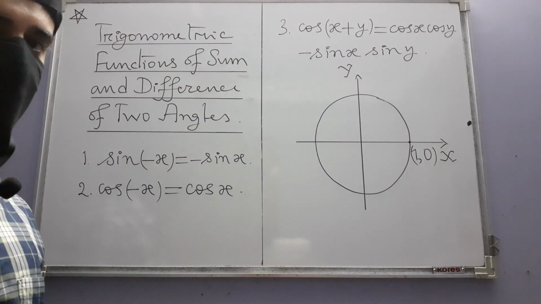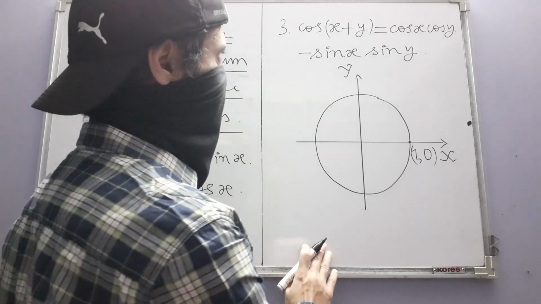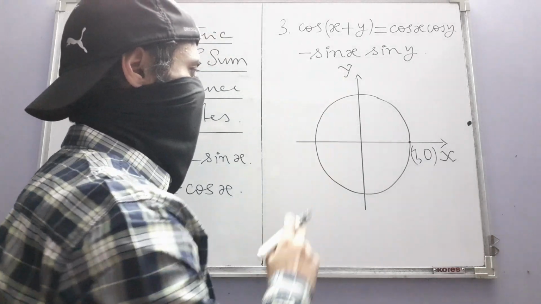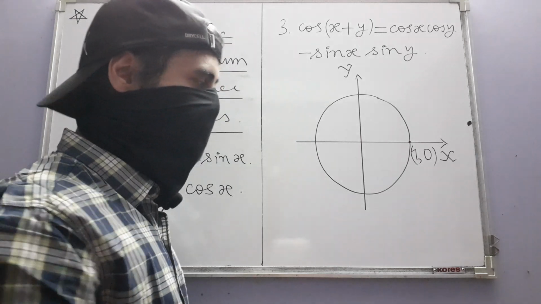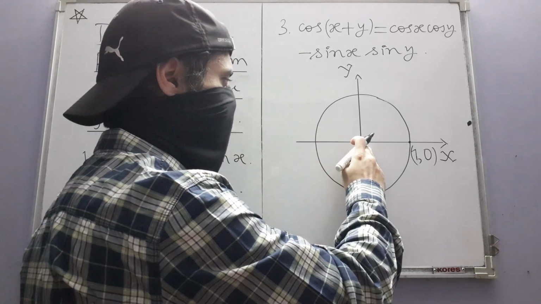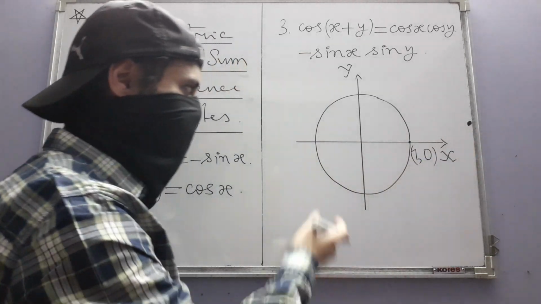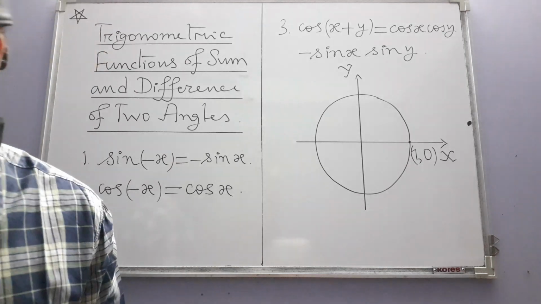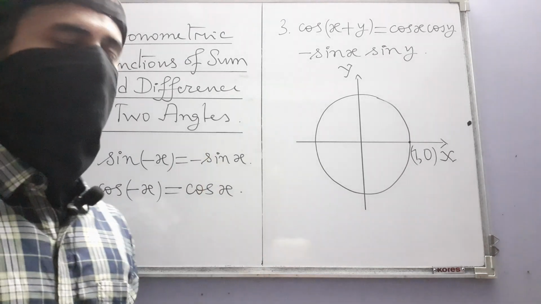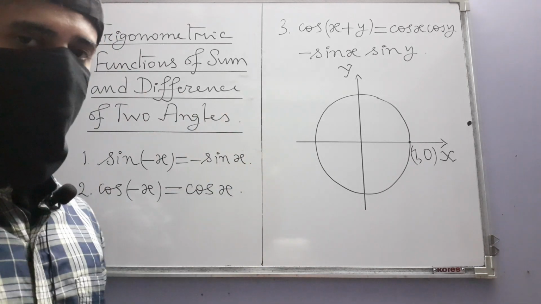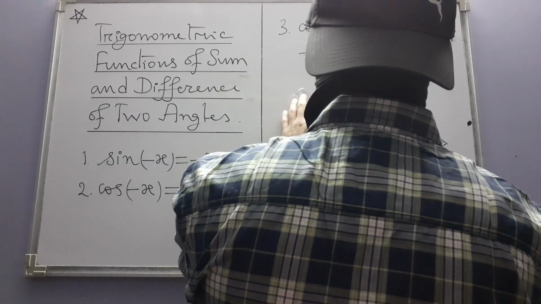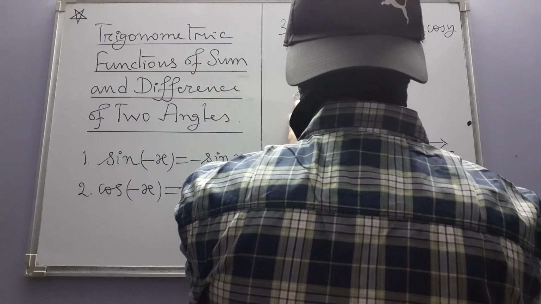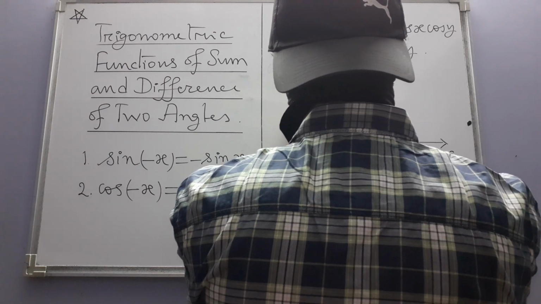Alright, so next what we do, we put the angle x in the standard position. What does that mean? It means that the initial line of the angle x should coincide with the positive x-axis and the final line is whatever it is. In the text, the angle x has been chosen in such a way that the final line lies in the second quadrant.